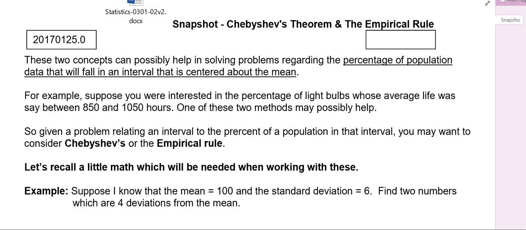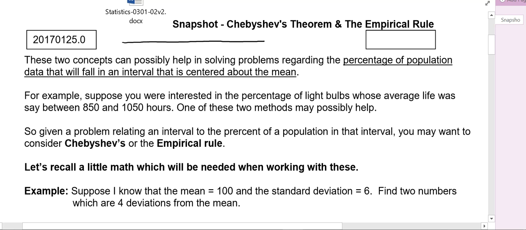Basically, Chebyshev's theorem and the empirical rule are associated with a particular type of problem that associates the percentage of the population to that of an interval that is centered about the mean. In other words, I'll draw a little picture here. We have a line representing the number line, and we have the mean mu for the population.